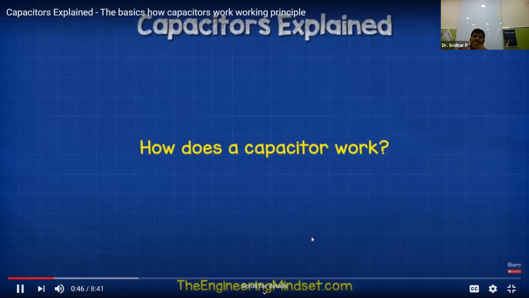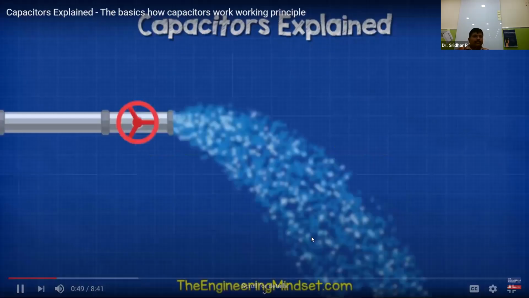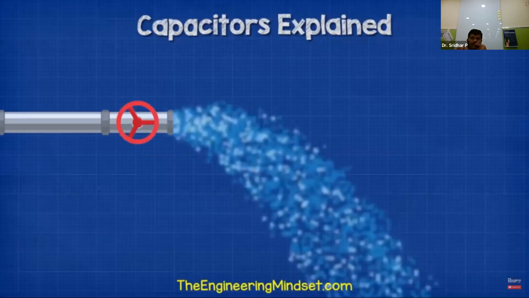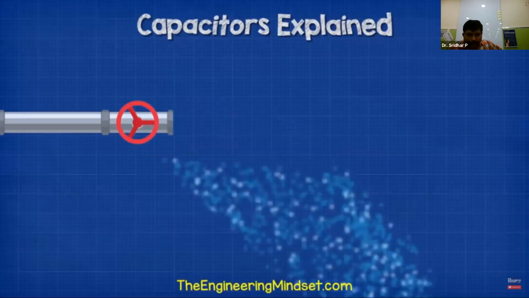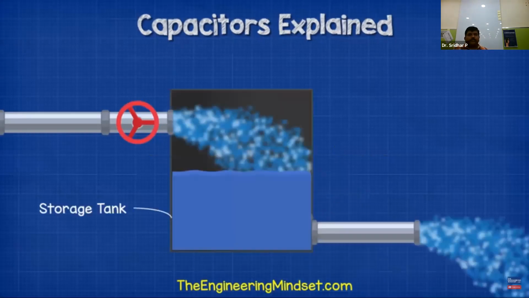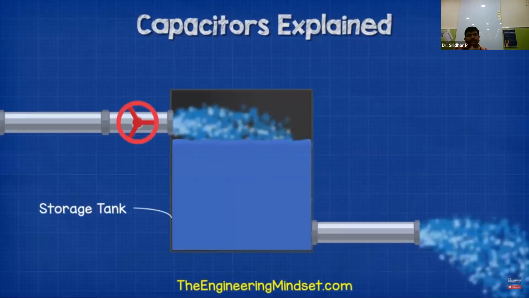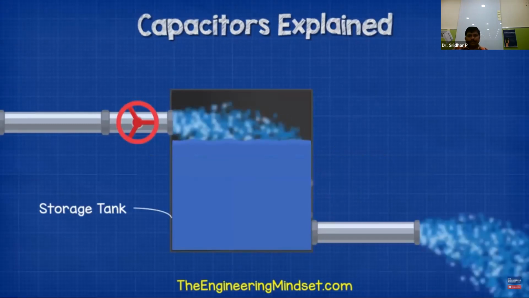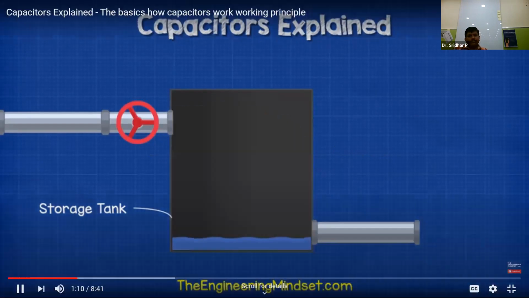I want you to first think of a water pipe with water flowing through it. The water will continue to flow until we shut the valve. Then no water can flow. However, if after the valve we first let the water flow into a tank, then the tank will store some of the water, but we will continue to get water flowing out of the pipe. Now when we close the valve, water will stop pouring into the tank, but we still get a steady supply of water out until the tank empties.